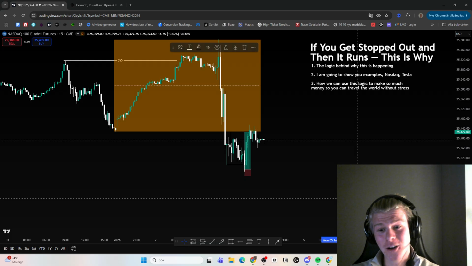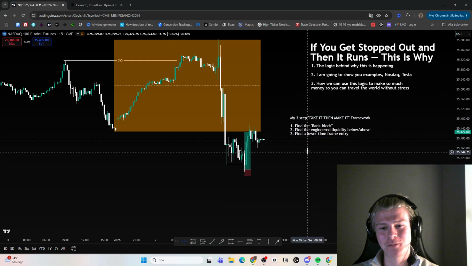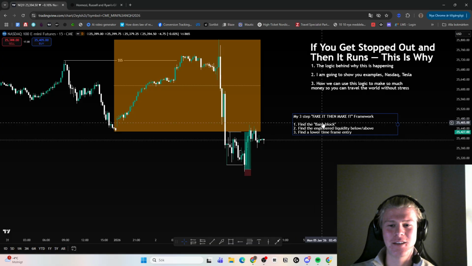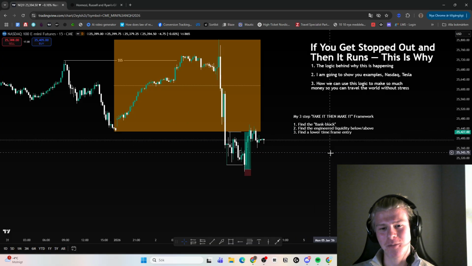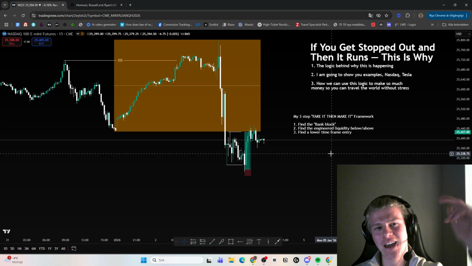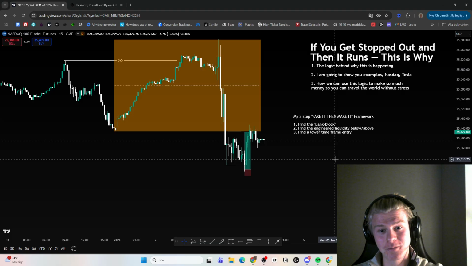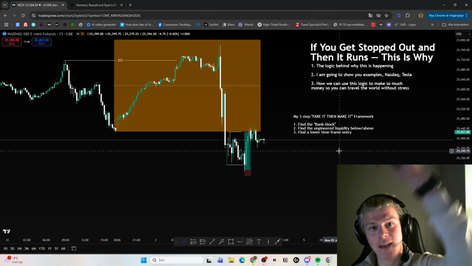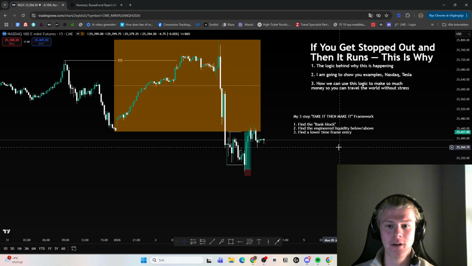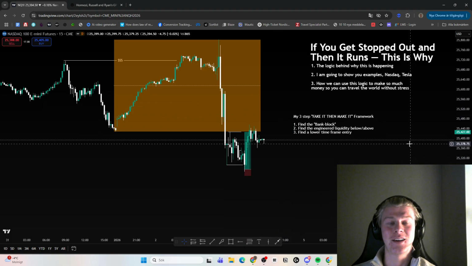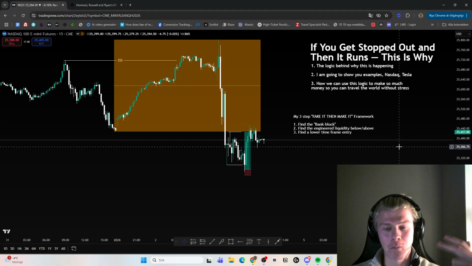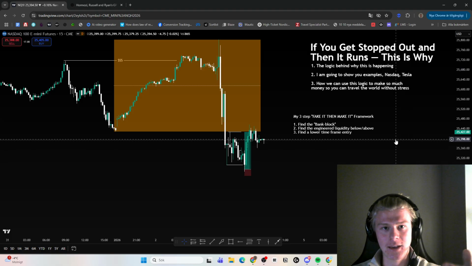I call this framework the fake it, then make it framework. It comes down to understanding that the banks have to fake the move first before they can manipulate, and then the real move can happen, because that's more liquidity for the banks and they can get position.